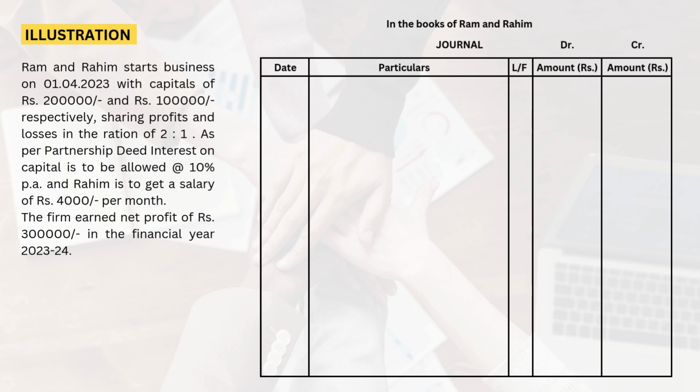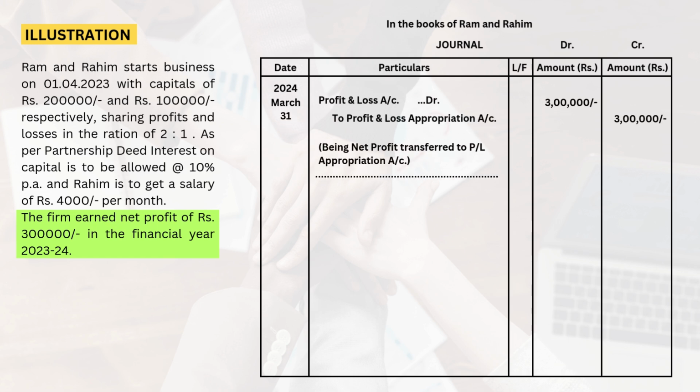Hence, we shall start from the transfer entry of the net profit into profit and loss appropriation account. Here the net profit is 3 lakh, which will be transferred into profit and loss appropriation account. Journal will be, as we have shown before, profit and loss account debit to profit and loss appropriation account, rupees 3 lakh.